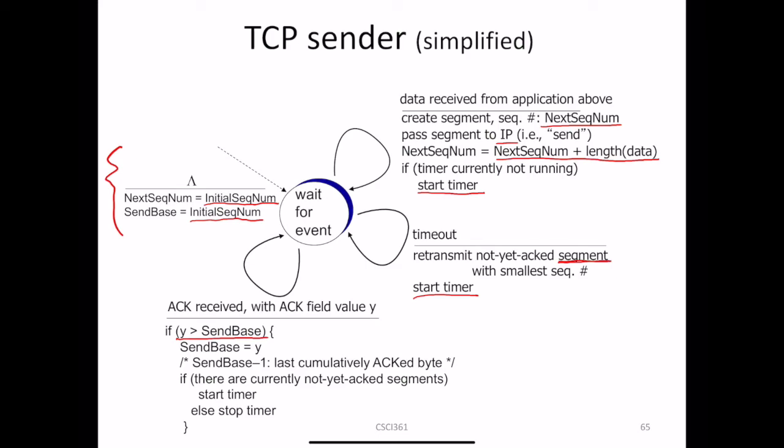Then we need to update our send base to Y. After that, we need to further check whether there are currently not yet acked segments. If there are still some unacked segments in the window, we need to start the timer again. Otherwise, we just stop the timer.